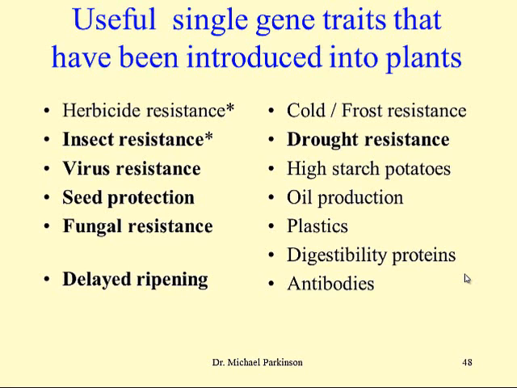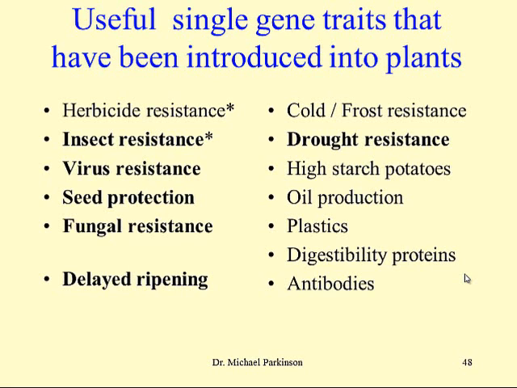The first commercially available transgenic plant, the Flavr Savr tomato, was actually engineered with delayed ripening. So we're putting in antisense to polygalacturonase that actually breaks down the middle lamella of cells when they're ripening.